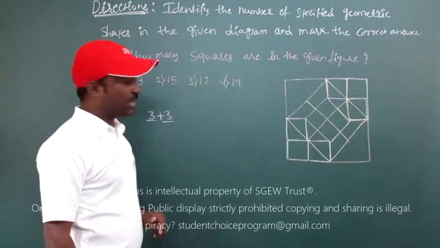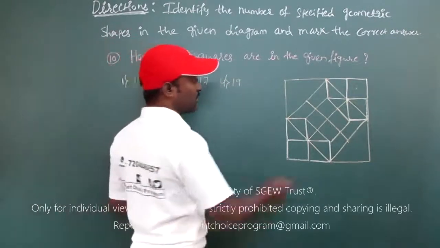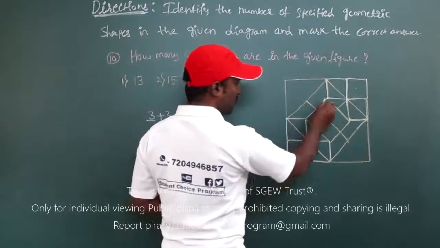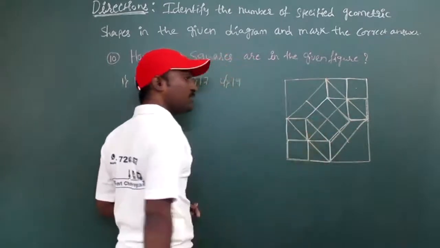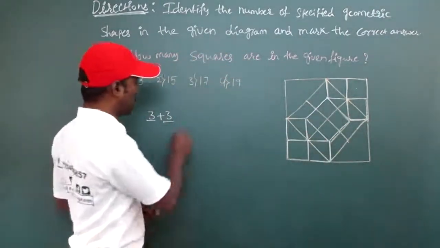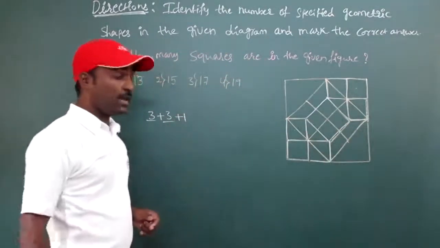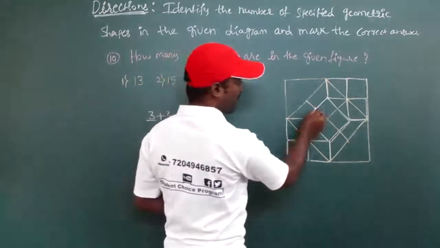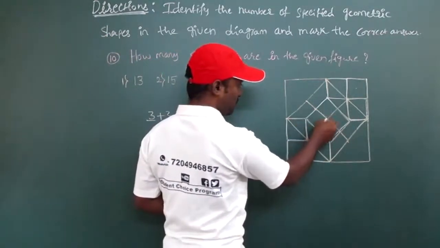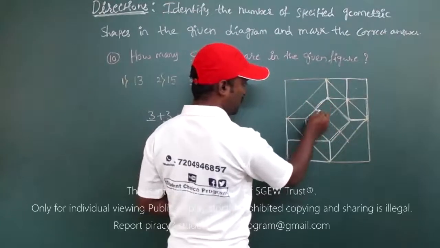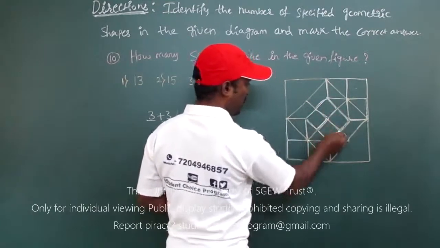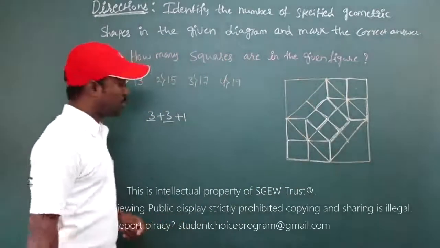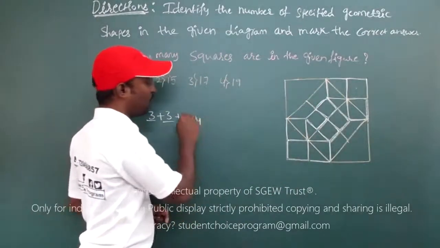Next observation. I can see that this is one square. Yes, I can write here plus 1. And in that square, I am having 4 more squares: 1, 2, 3, 4, plus 4.